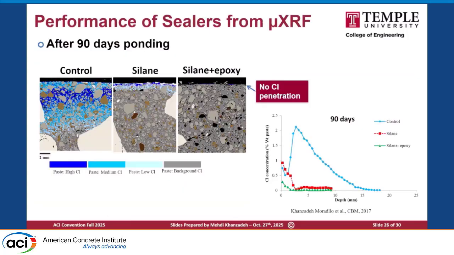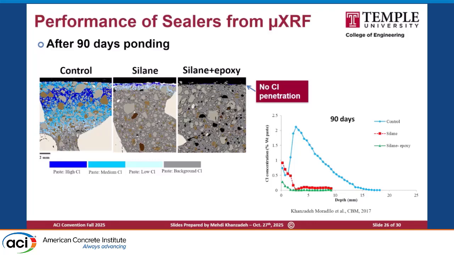The other example we had is impact from the sealers. There is a new type of sealer the DOT wanted to adopt. It was a combination of the silane plus epoxy versus just the silane. And we had a control system. So we tested these three different systems after applying silane and a drying period for chloride penetration. This is a quantification, basically.